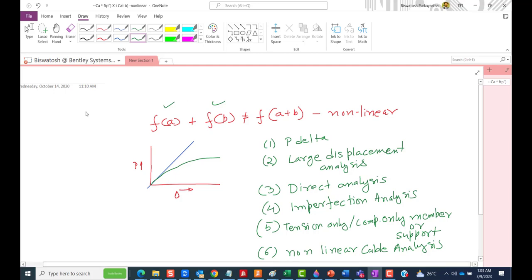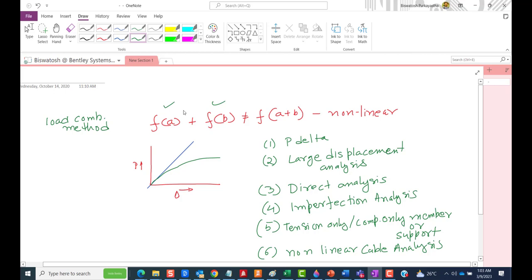Now, I have seen that in many cases, many new STAAD users, or maybe some regular STAAD users, are using the load combination method to combine the primary load cases.